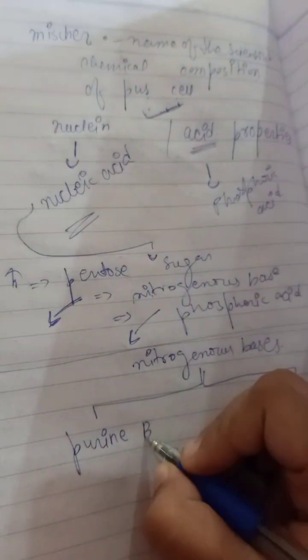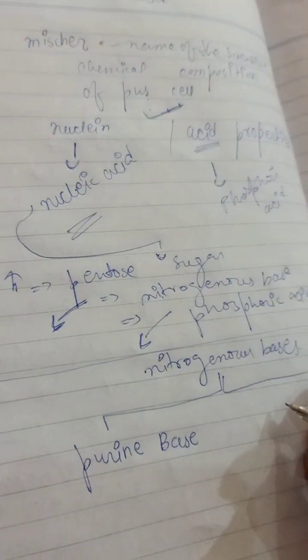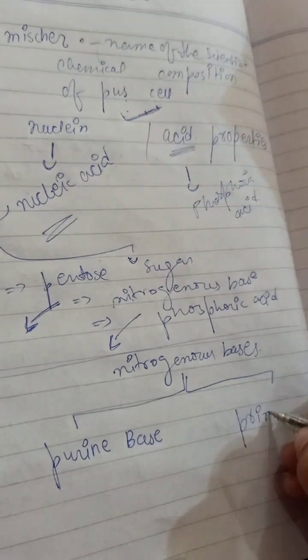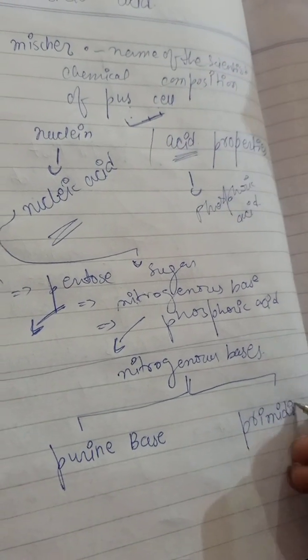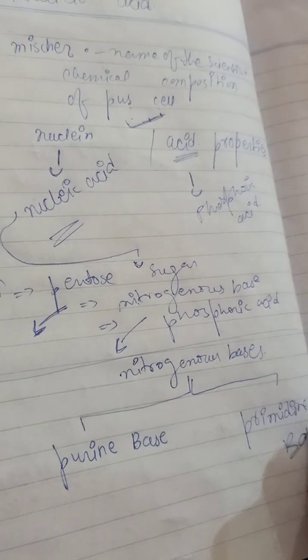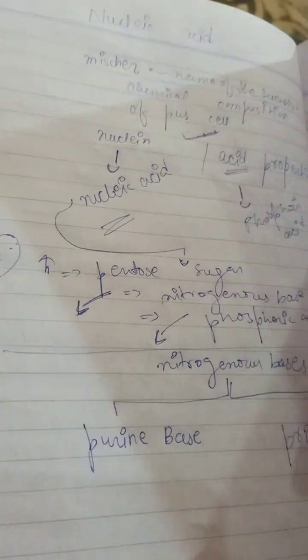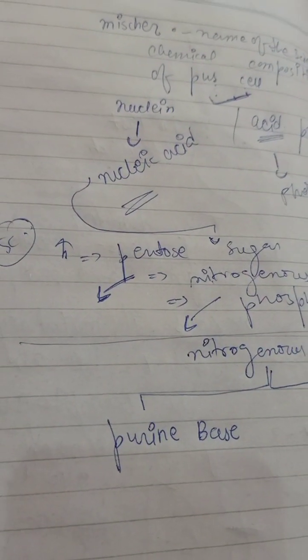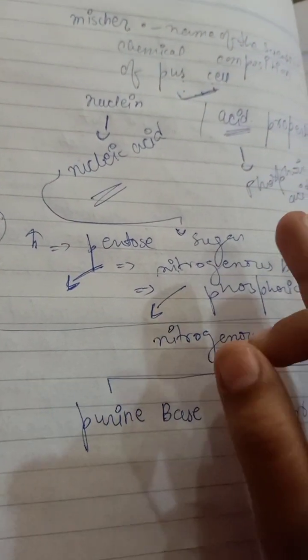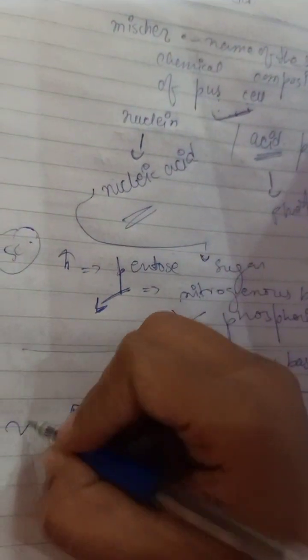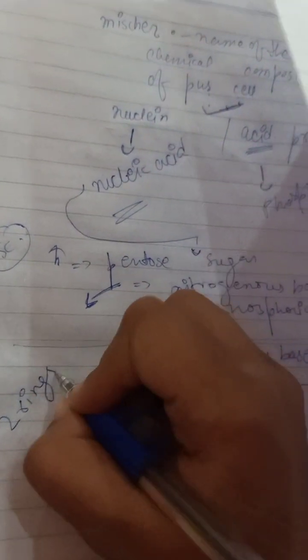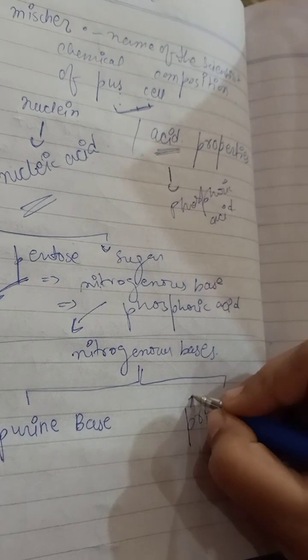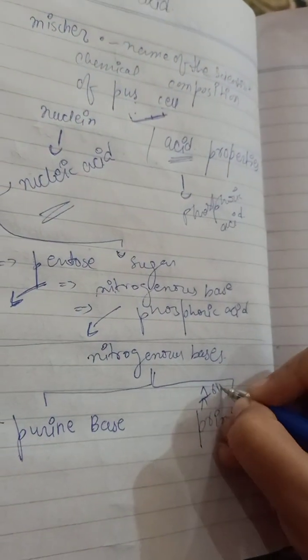One is purine base, second is pyrimidine base. Okay, so first of all, purine base consists of two rings, and pyrimidine base consists of one ring.